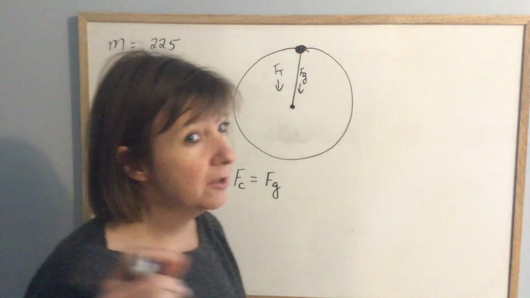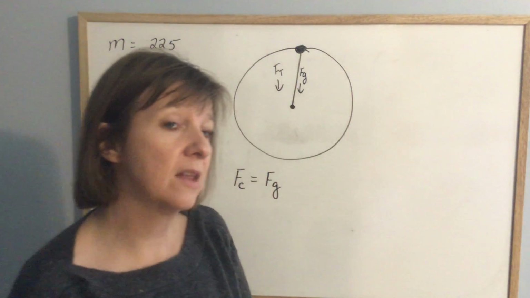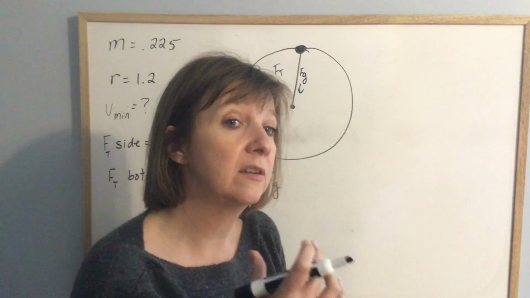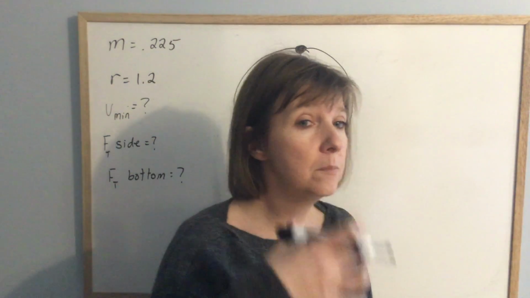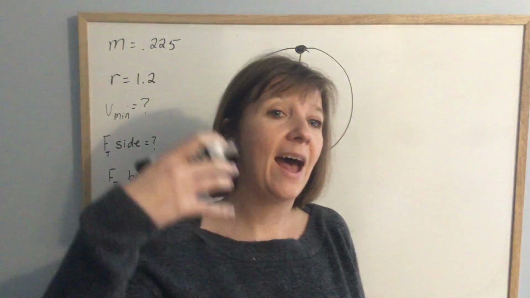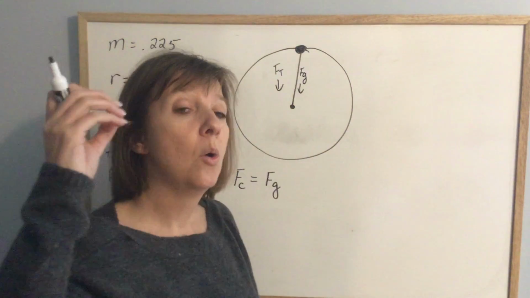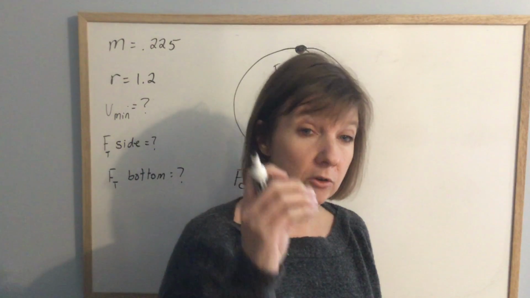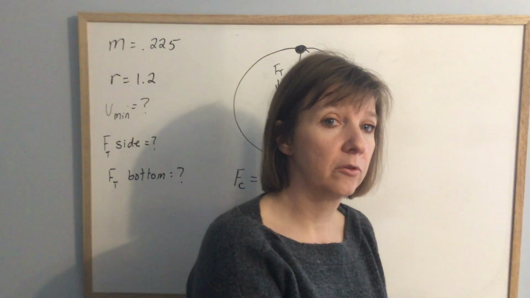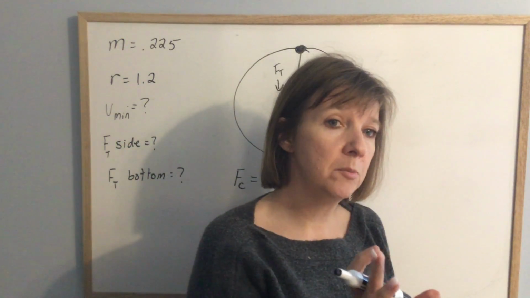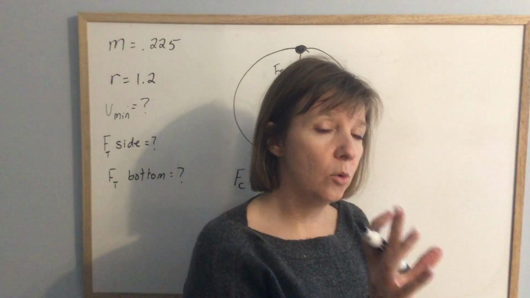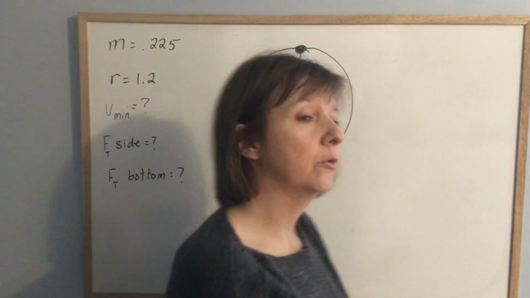Even if you didn't catch everything I just said, here's the part you really need to catch. The minimum velocity happens at the top of the circle when the centripetal force is equal to the force of gravity. So if you want to figure out minimum velocity, make your centripetal force equal to the force of gravity.